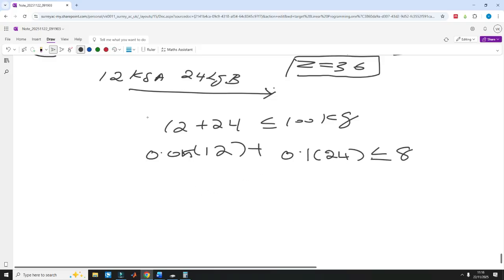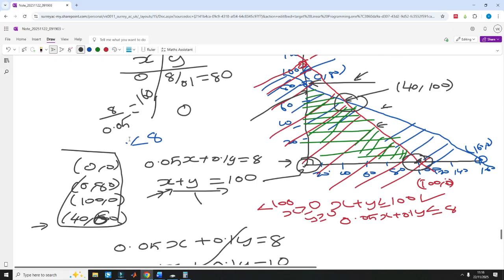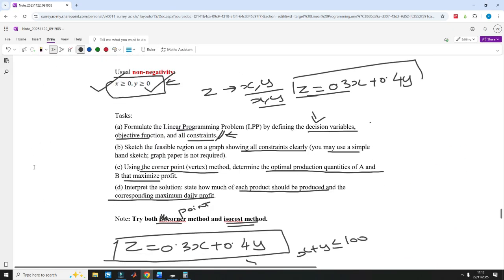And all these numbers are obviously greater than or equal to 0, and the 24 kg is obviously greater than or equal to 0.